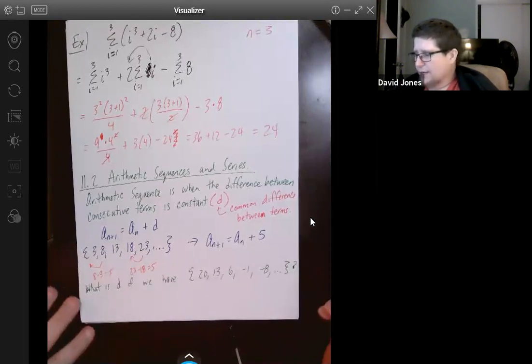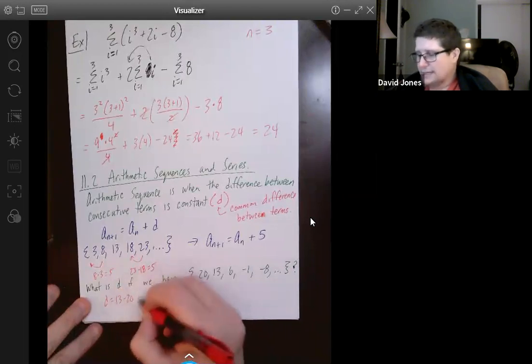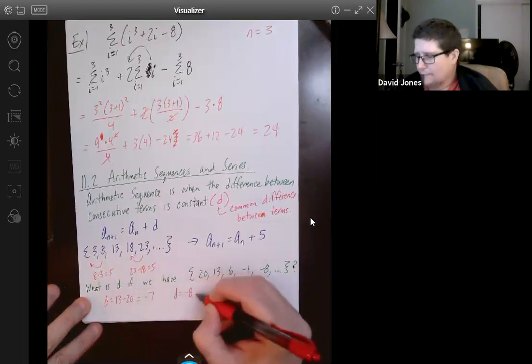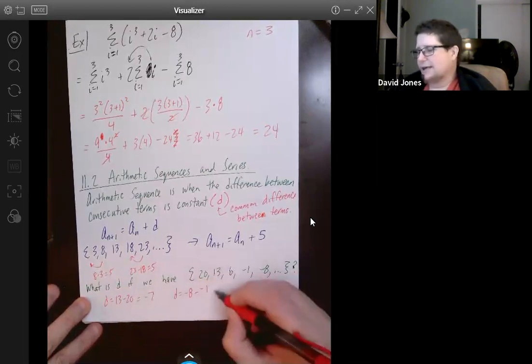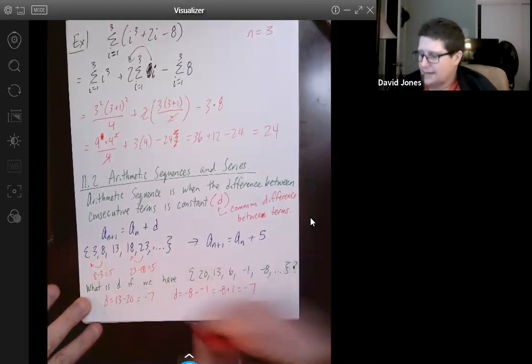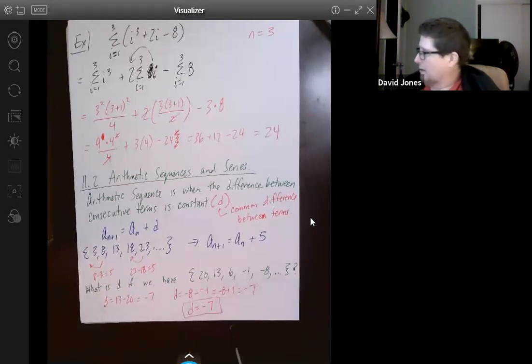Doesn't matter which two I use. D equals 13 minus 20 is -7. D equals -8 minus -1 is -8 plus 1, which is -7. D equals -7 for that sequence. Okay?